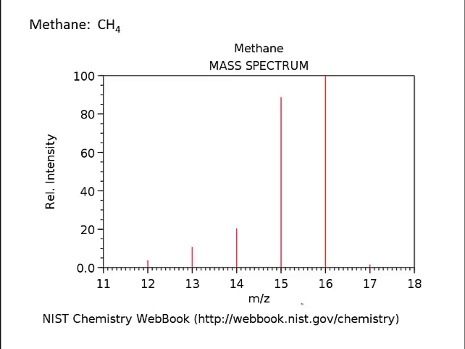If you add 1 carbon and 4 hydrogens together, what you come up with is a molar mass of 16 AMU. So that's for a single methane molecule. If it was an entire mole of methane, we would say 16 grams per mole instead.